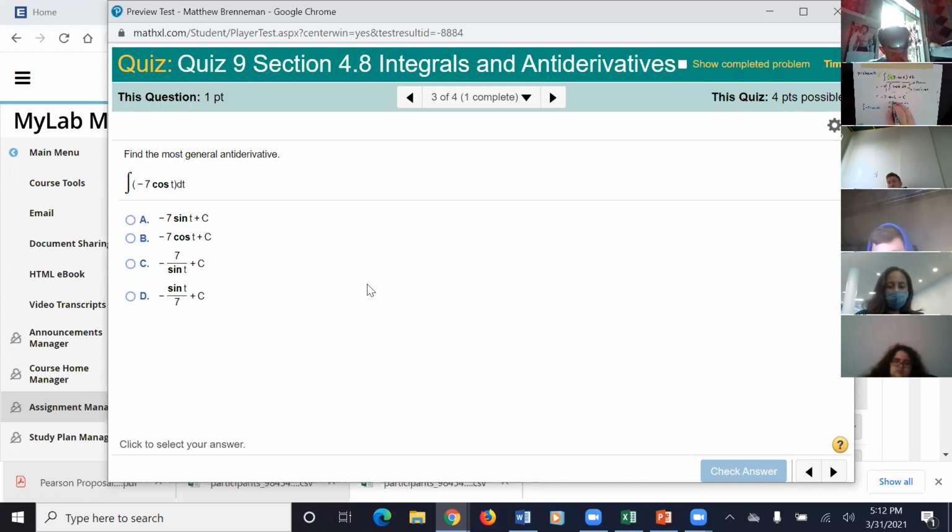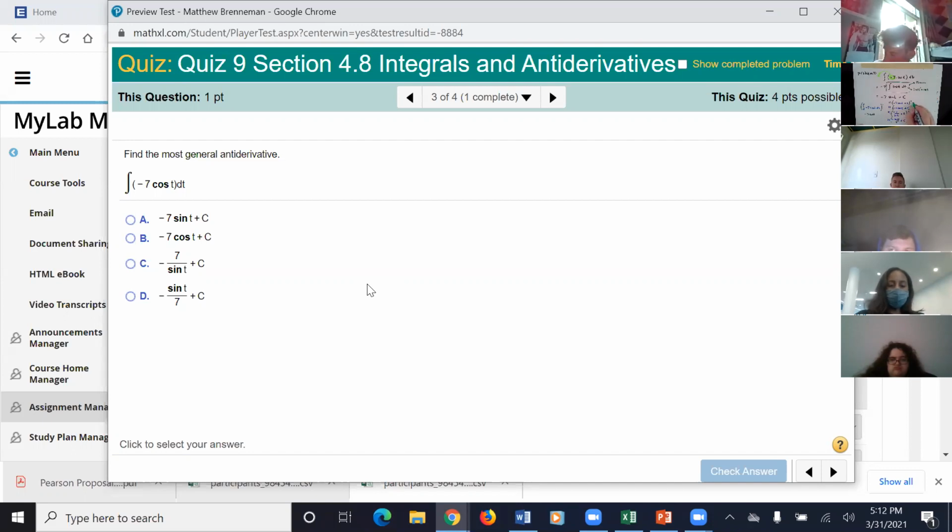Notice if I take the derivative of everything, here I'm going to get minus 7 cosine of t. So I can take the derivative of all these and see which one gives me minus 7 cosine t.